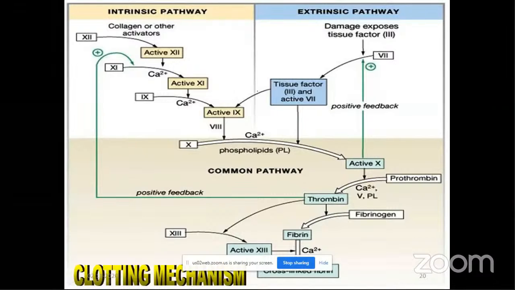Formation of prothrombin activator. It may be formed either by the intrinsic pathway or by the extrinsic pathway. Once this prothrombin activator is formed by combination of activated factor number 10 and factor number 5 together, then the common pathway is initiated.